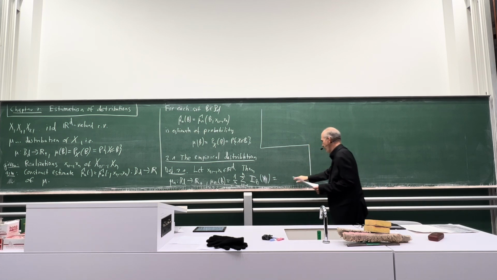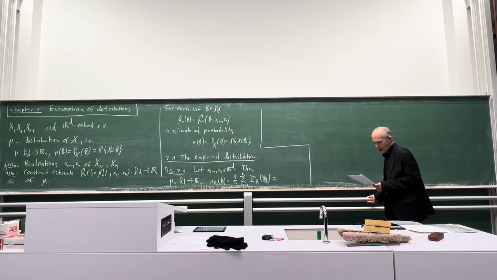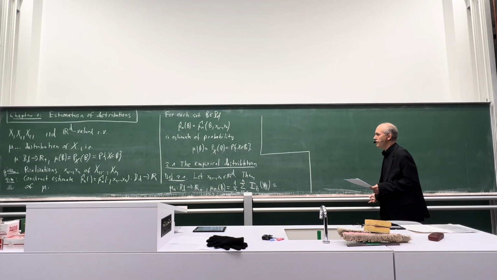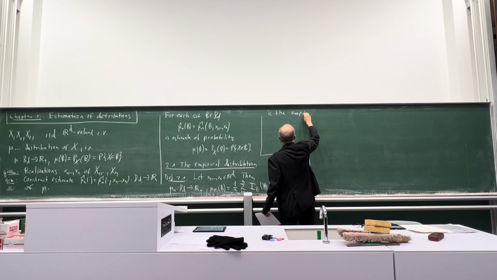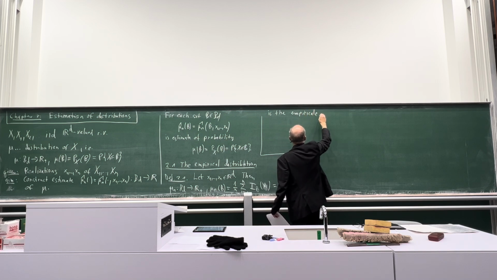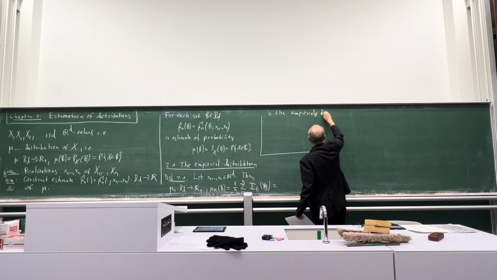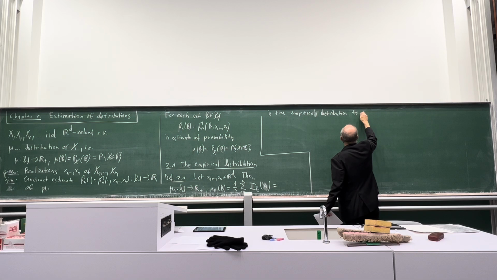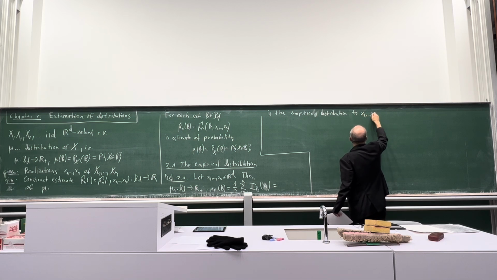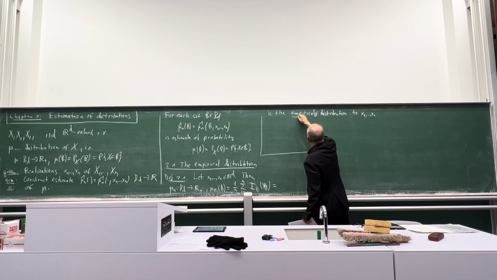So just leave a gap here at the moment. This is the so-called empirical distribution of x1 to xn. Empirical distribution.